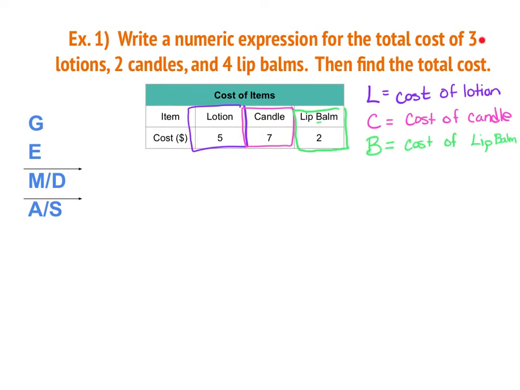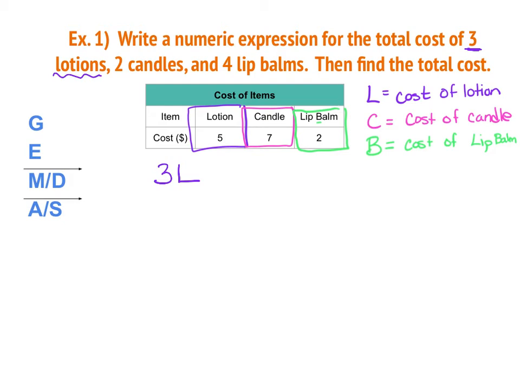So now I know that I have 3 of those. So if I have 3 lotions, I need to find the total cost for 3 lotions. So that would be 3 times the cost of the lotion. So I'm going to go ahead and say that that is 3L, because I have 3 lotions.